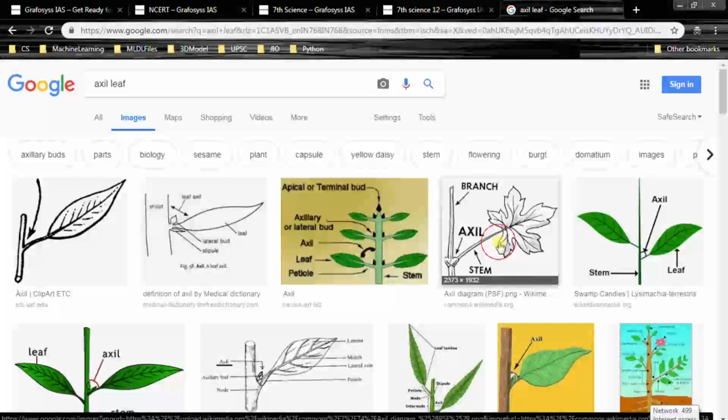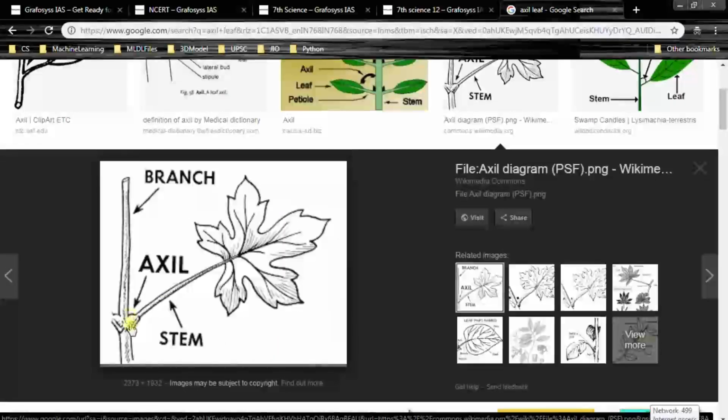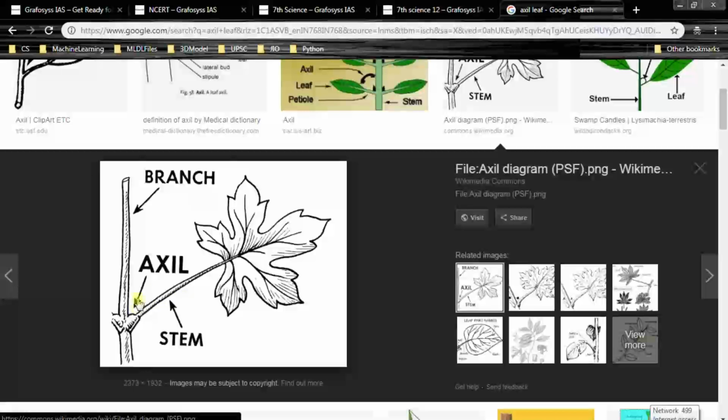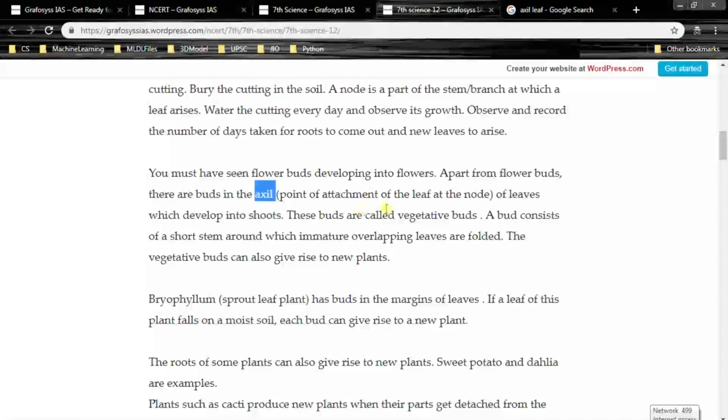Right, so here it is given. It is just below the leaf, right? So this is the axil. These buds are called vegetative buds.